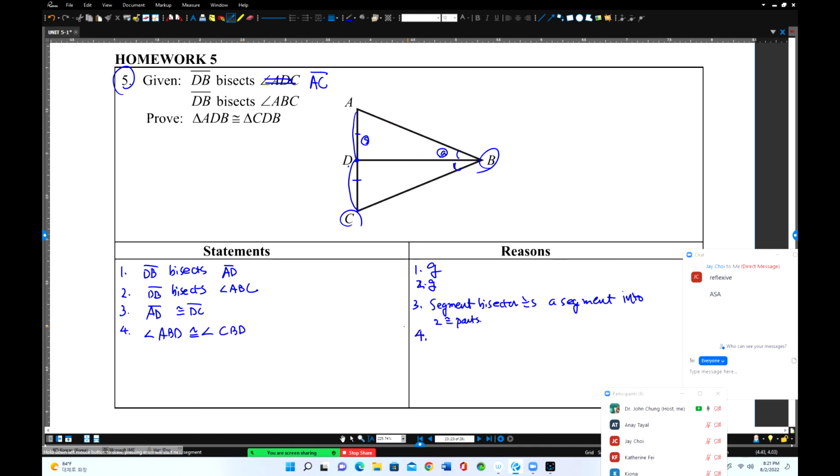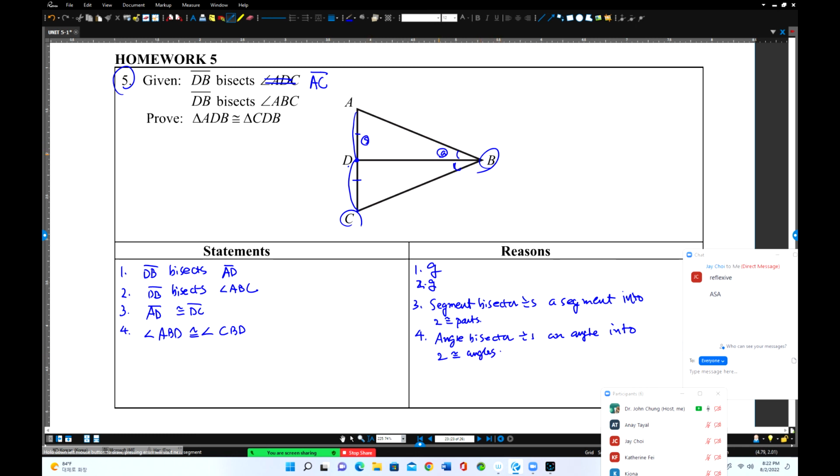But this time we say angle bisector, not segment bisector. An angle bisector divides an angle into two congruent angles. We got the side and angles.